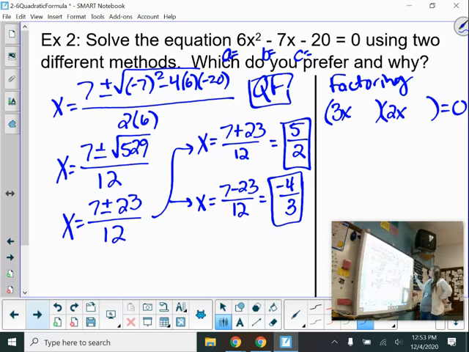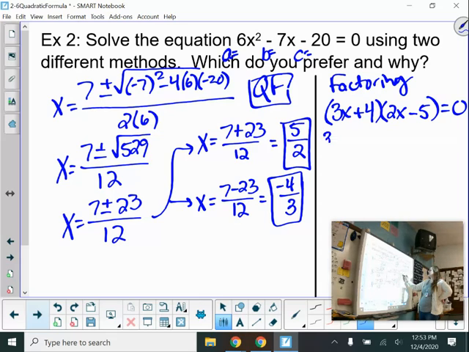So if I do a 5 here, 5 and 3 would be 15. 4 here, 2 and 4 would be 8. And when I subtract 15 and 8, I actually get 7. But I'm trying to make a negative 7, so I want that one to be negative and that one to be positive. So negative 15 plus 8 would give me my negative 7.